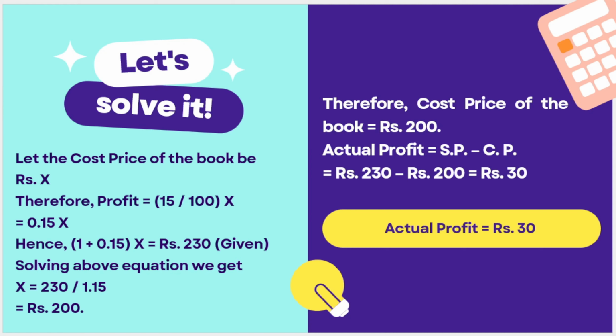Hence, we can write 1.15X equal to rupees 230. Solving the above equation we get X is equal to rupees 230 divided by 1.15, which comes to rupees 200. Therefore, cost price of the book is equal to rupees 200, hence, actual profit is equal to selling price minus cost price, which comes to rupees 30. Let us go to the next slide with example number 9.